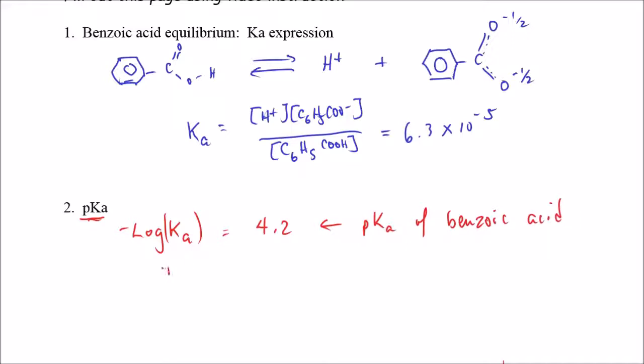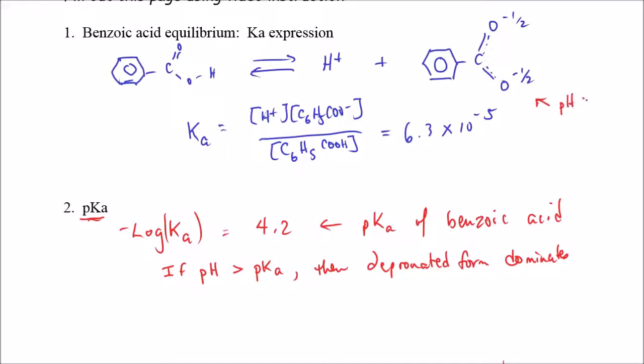Essentially, it's this. If pH, which you can control, is greater than pKa, then the deprotonated form dominates in the equilibrium. So in the specific case we're looking at here, if pH is greater than 4.2, it's mostly this.